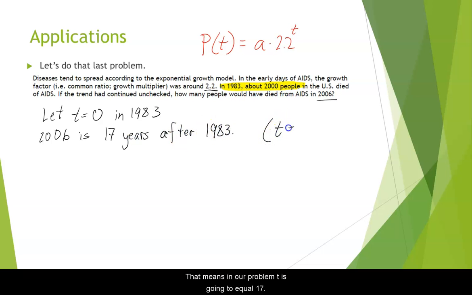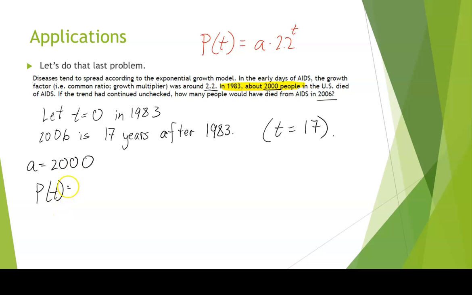That means in our problem, t is going to equal 17. We're also given an initial value. If 1983 is our time of 0, 2,000 people were already dying of AIDS. So our a value is going to equal 2,000. Putting this together, we have a formula, p of t equals 2,000 times 2.2 raised to the t power.